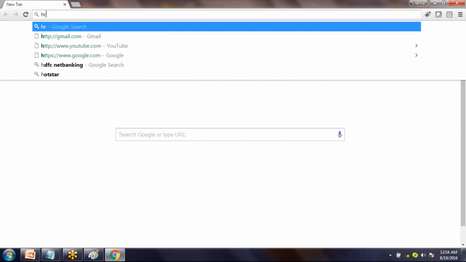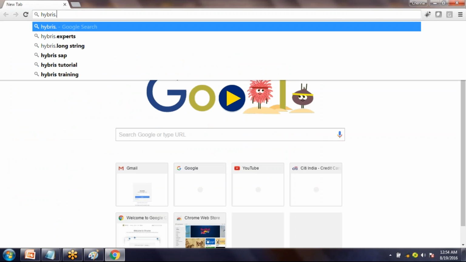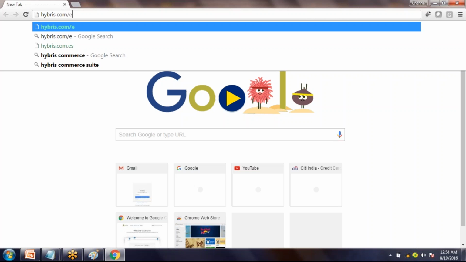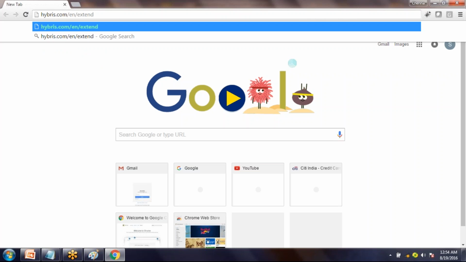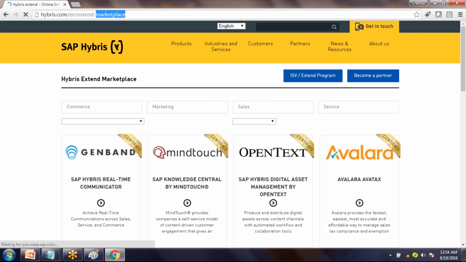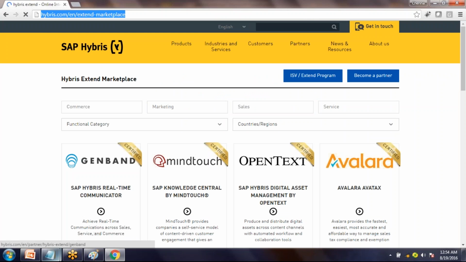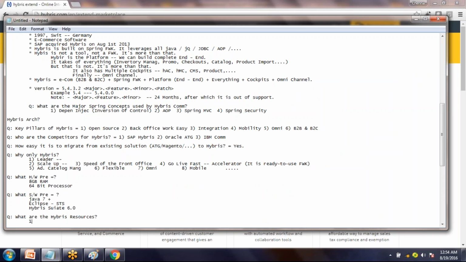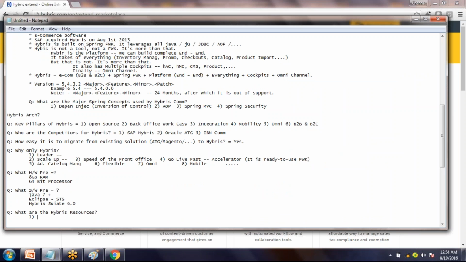That's hybris.com/en/extended-marketplace. This is one of the sites. You can go and see the steps. If you want to learn something about Hybris, this is one of the resources you can use.